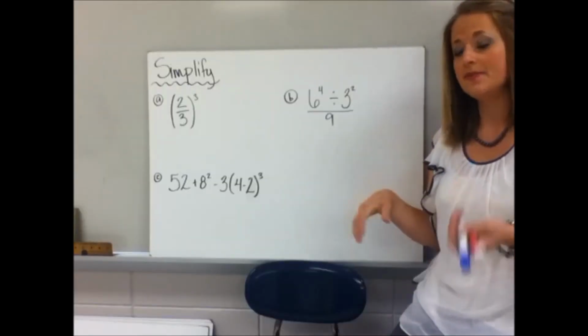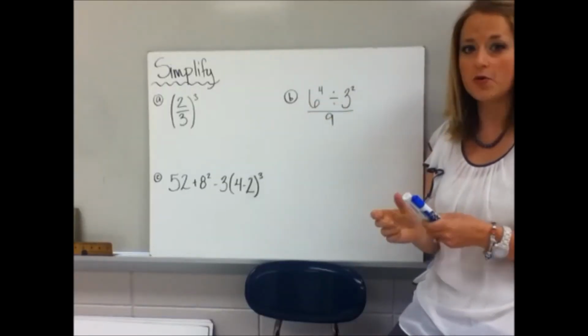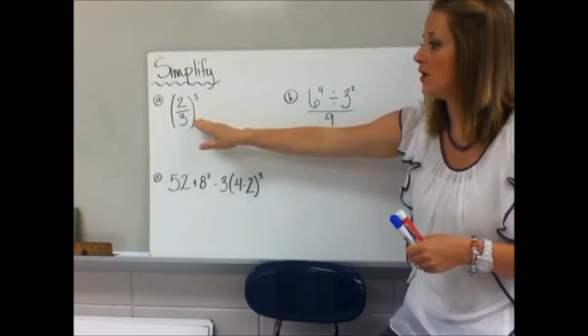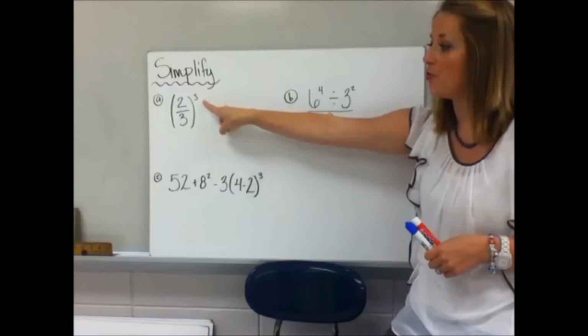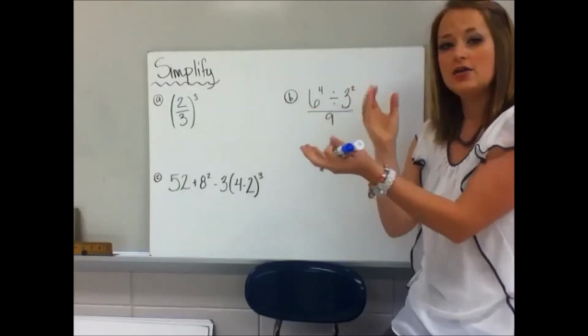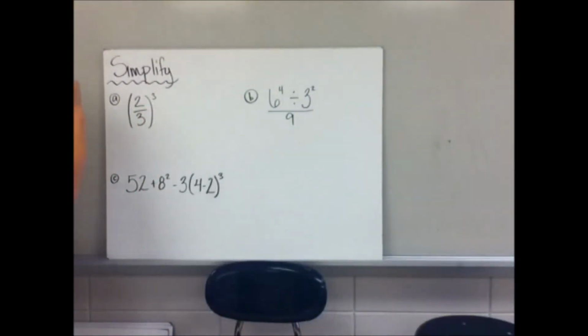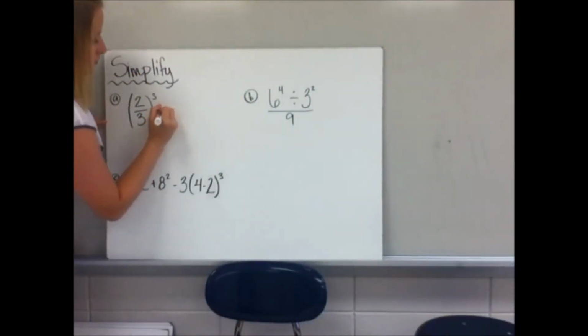First, let's start by simplifying these expressions using the order of operations. On A, you have an exponent. You have 2/3 to the third power. Remember that 3 there means that I have 3 2/3s that are being multiplied together. It is not 2/3 times 3. So I'm going to start by expanding this out.